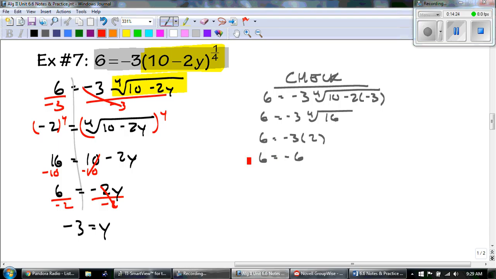Okay, so you should have gotten that 6 equals -6 and not a solution. That's extraneous. So our answer is no real solution.